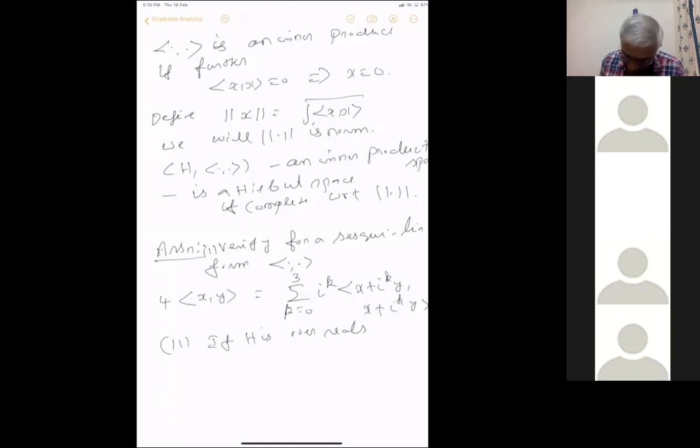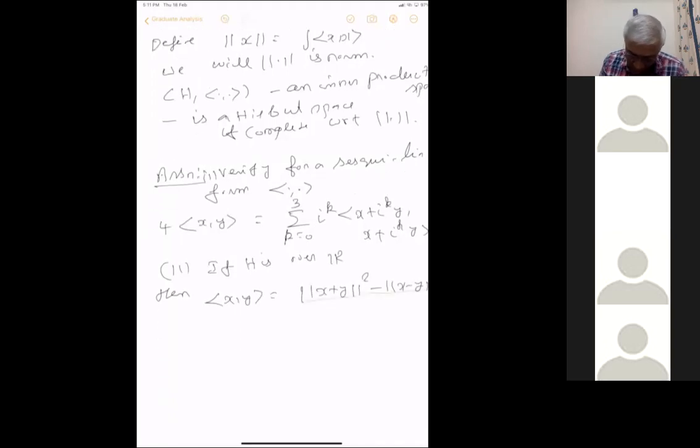If H is a vector space over R, then we have something better. You don't have to write this, it is very easy.